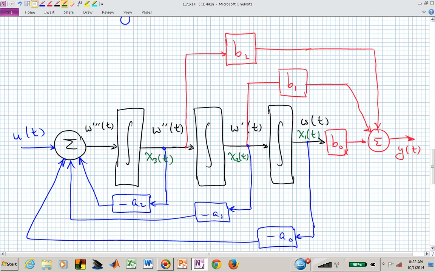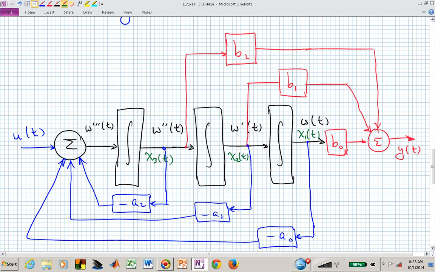It's equal to a lot of things from that diagram, isn't it? But the one that you want it to be equal to is some linear combination of x1, x2, x3, and u. Our derivatives of the states need to be set equal to a linear combination of the states and input.